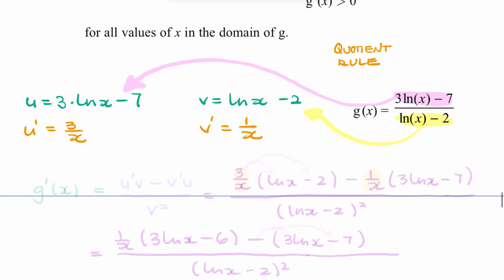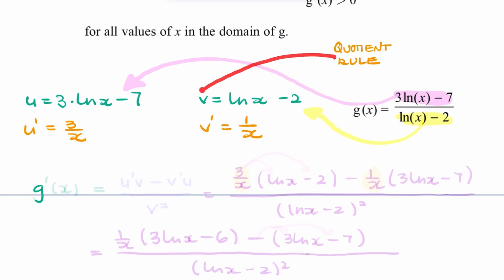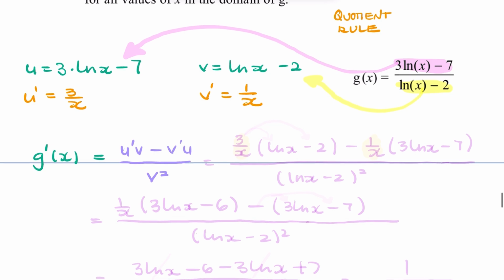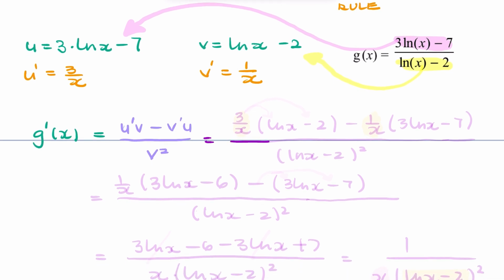Now, if we remember the quotient rule, g dash is simply u dash v minus v dash u, divided by v squared. So if we substitute the expressions we have for u dash, v, and v dash, let's start with the denominator, v squared.